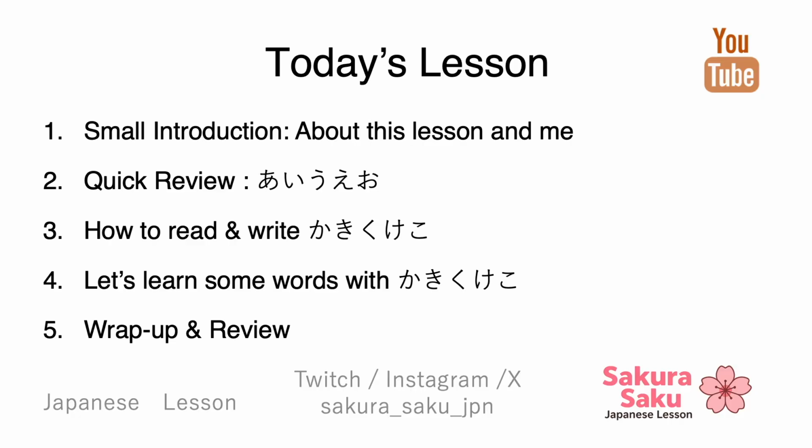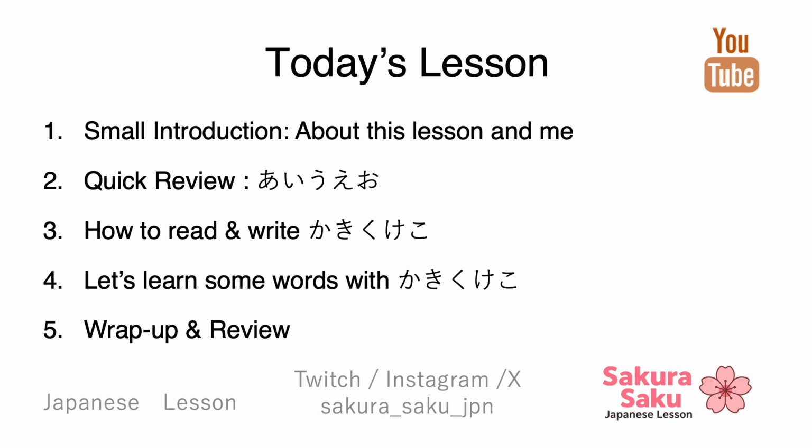Before we get started, let's take a look at today's lesson plan. First, I'll give you a short introduction about this class and myself. Then, we'll do a quick review of a, i, u, e, o. Next, we'll learn how to read ka, ki, ku, ke, ko.